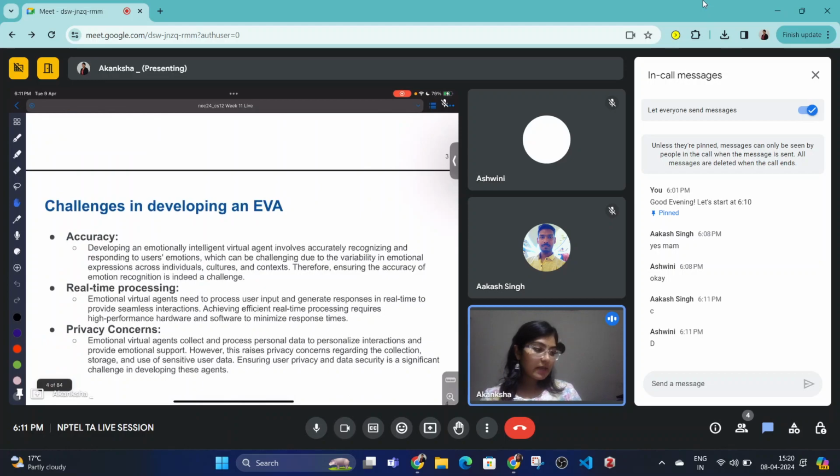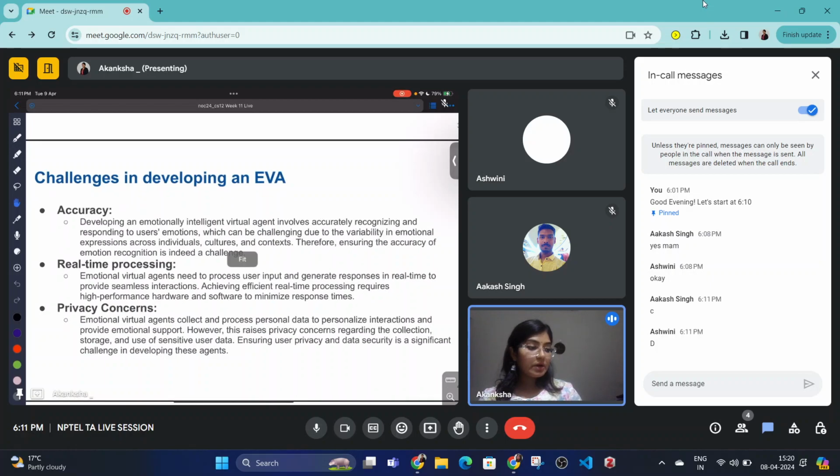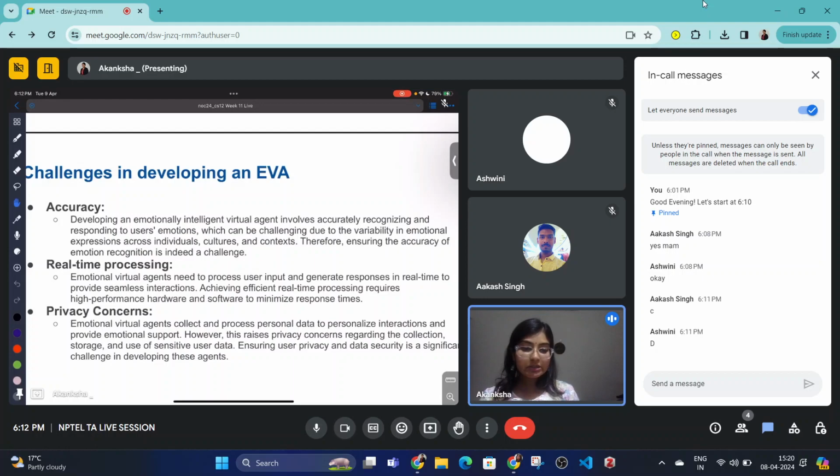There are many challenges while developing this emotional virtual assistance. First of all is accuracy, because we want our EVA, our agent, to respond accurately. We want to accurately recognize and respond to users' emotions, which can be challenging due to variability. Whenever we design these EVAs, the training has been done using a certain kind of data on certain kind of people, but in a real world scenario multiple people will interact with the agent, and I am different than the rest of you.